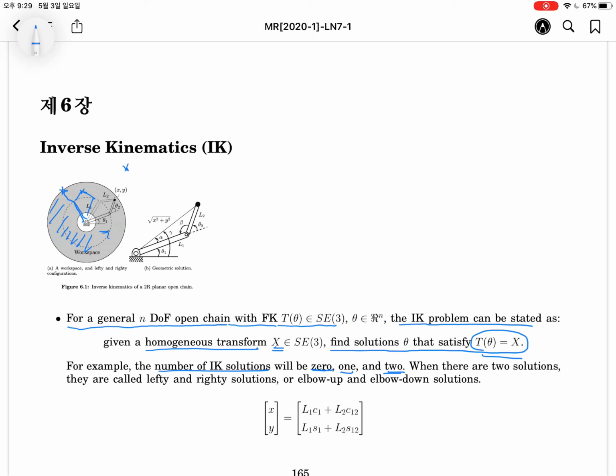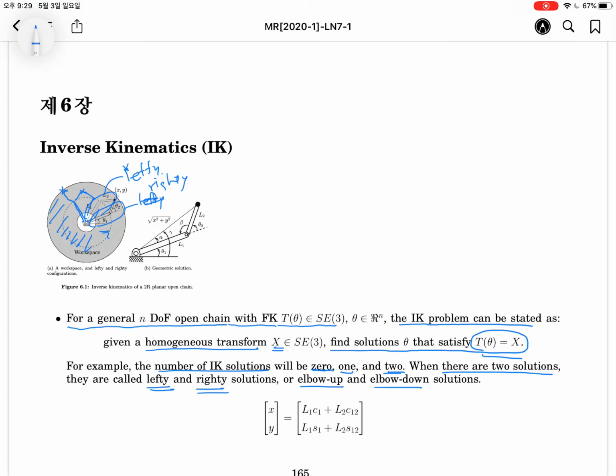Especially in the case of the two-link planar robot system, we have two. When there are two solutions, this posture is called the left solution. On the other hand, I'm sorry, this is the righty solution, and this is the lefty solution. So it is left and right, sometimes elbow up and elbow down.